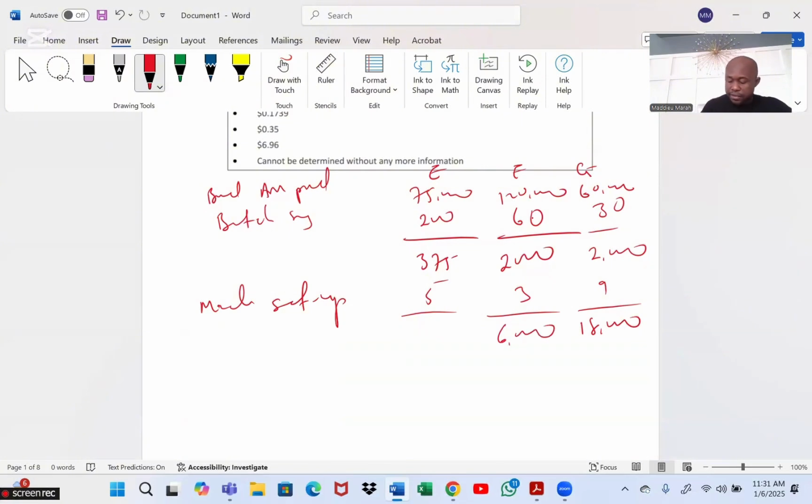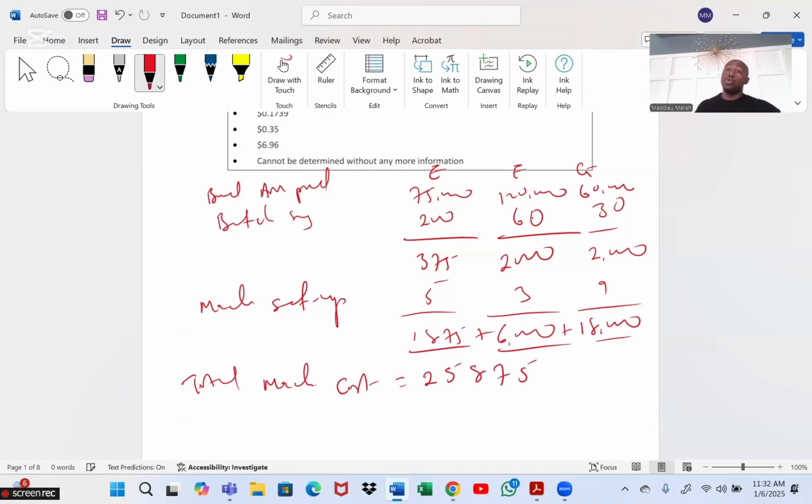And 375 at 5 will give me 1,875. So my total machine setup activity, we add all the three: 1,875 plus 6,000 plus 18,000. And this will give me 25,875.